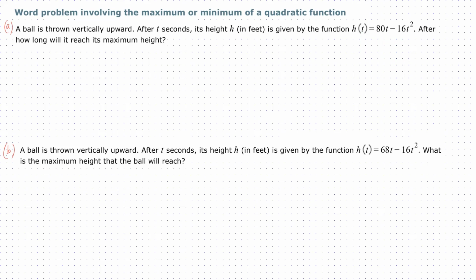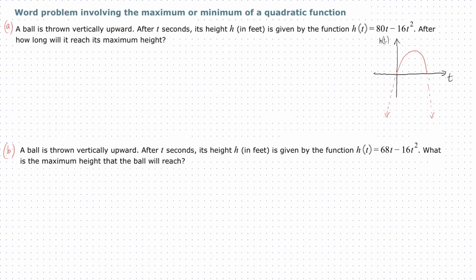If you had to draw a really rough sketch, here's t, and then here's the output called h of t, the height in feet. So it seems like it's doing something like this, dotted down here, and dotted down here.